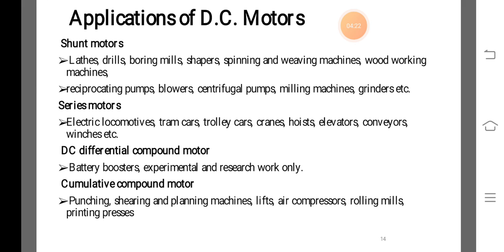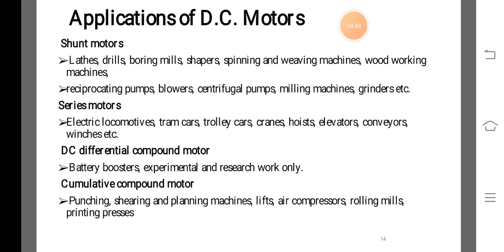Then these are the applications of DC motors. Each characteristic has some applications, which are shown here. Shunt motors are used in lathes, drills, boring mills, shapers, spinning and weaving machines, woodworking machines, then reciprocating pumps, blowers, centrifugal pumps, mills.